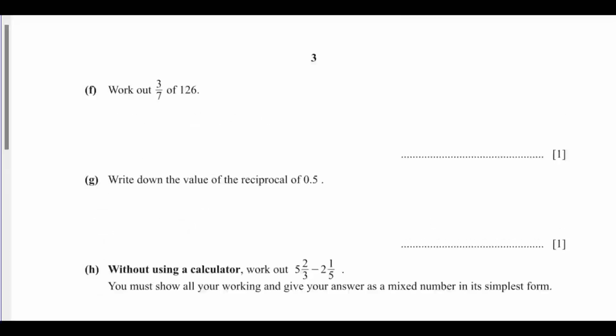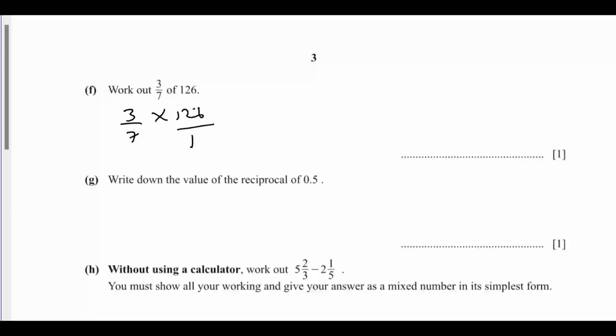So let's go to the next question. That will be question 1F. Work out 3 over 7 of 126. So here you can write this as 3 over 7. Of means multiplication. Then 126 is the same as 126 over 1. So what can go here? You can reduce this. Let's check if 7 can go.